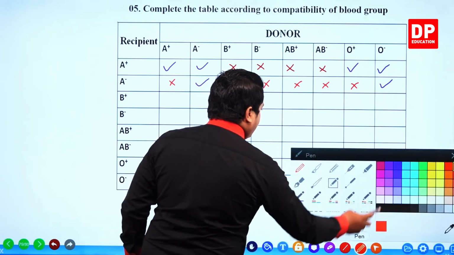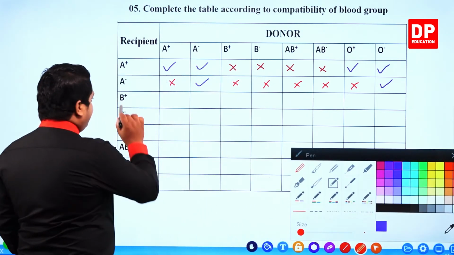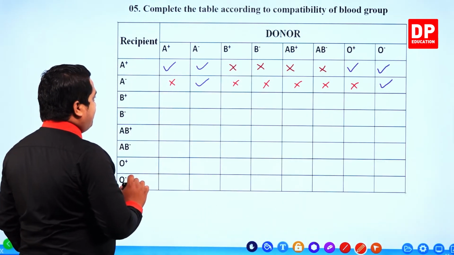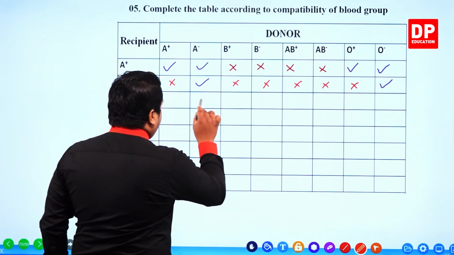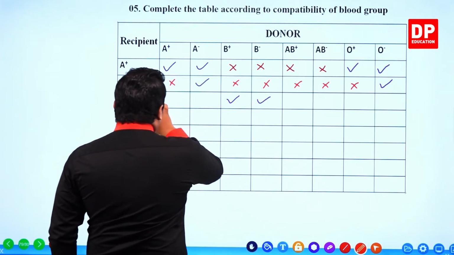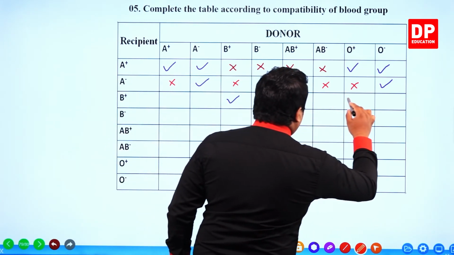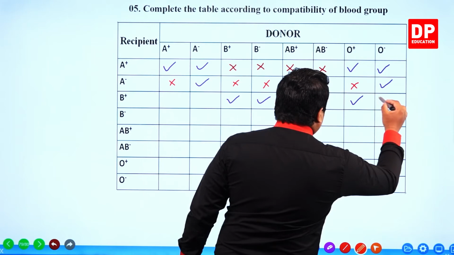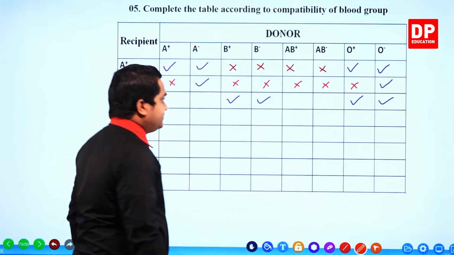Then the third recipient is B plus. B plus can get blood from B plus and from B minus, and B plus can get blood from O plus and O minus.